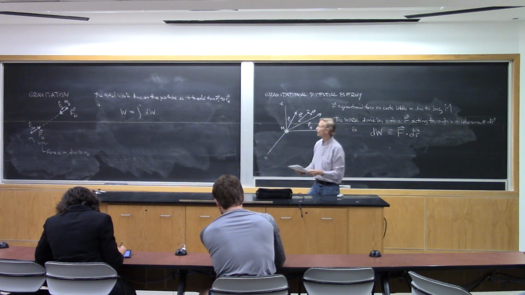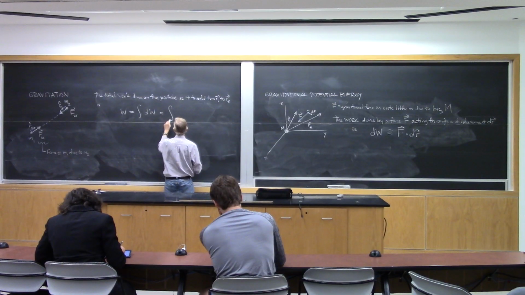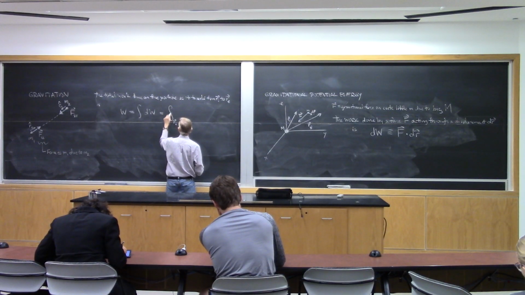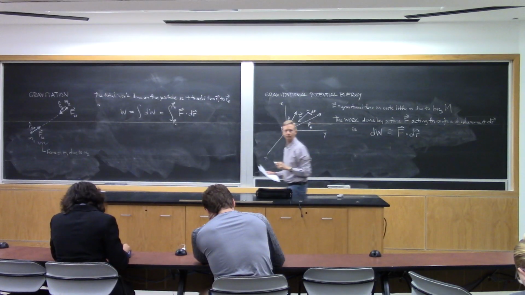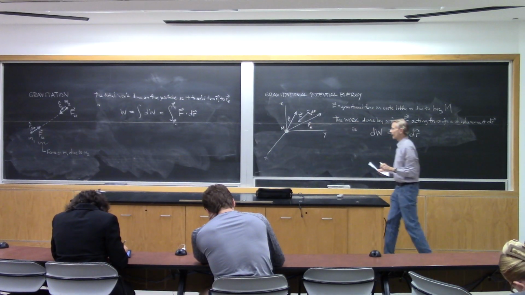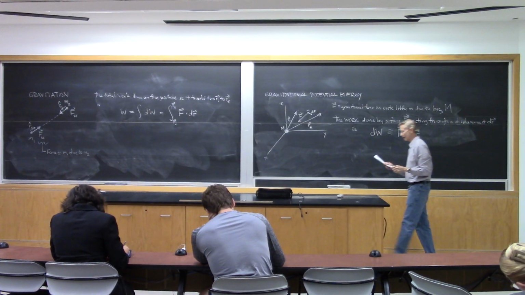Add up all the little dWs, or in other words, we go from our initial to our final of F dot dr. So we add up F dot dr for all the little drs along the path.